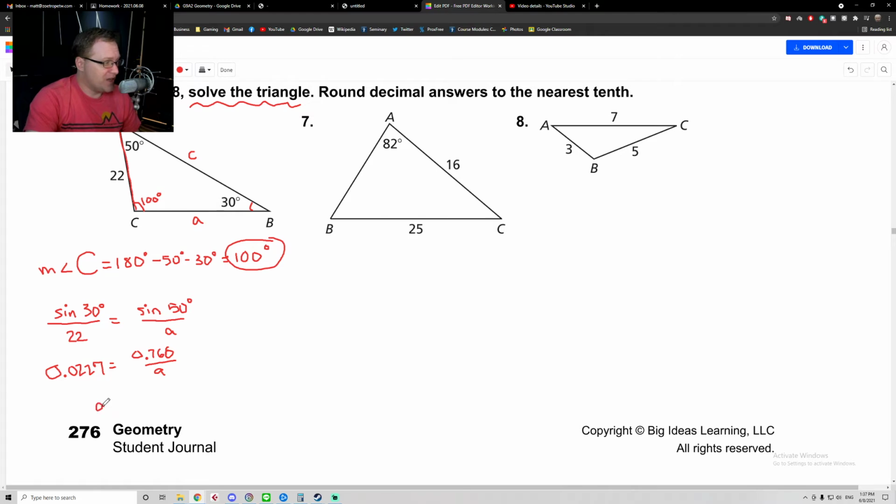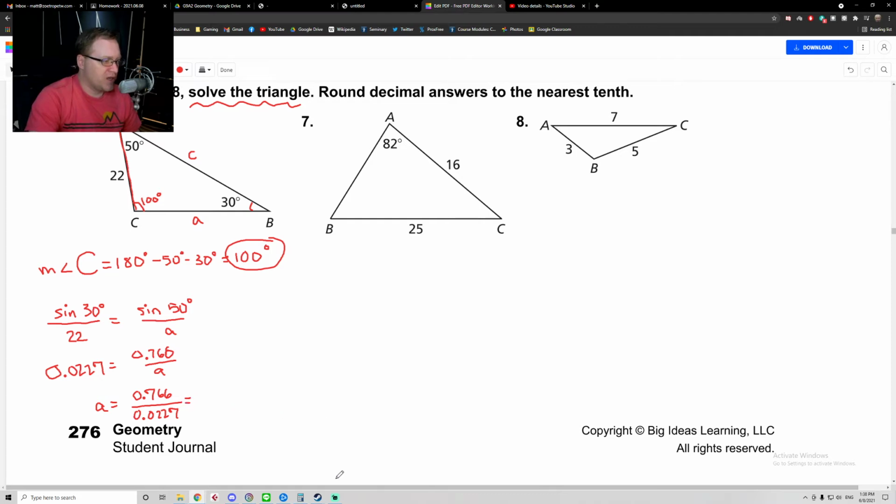Now what is A going to be? We can multiply by A, put it over here, and then divide by this, put it down here. So A is going to be 0.766 divided by 0.0227.